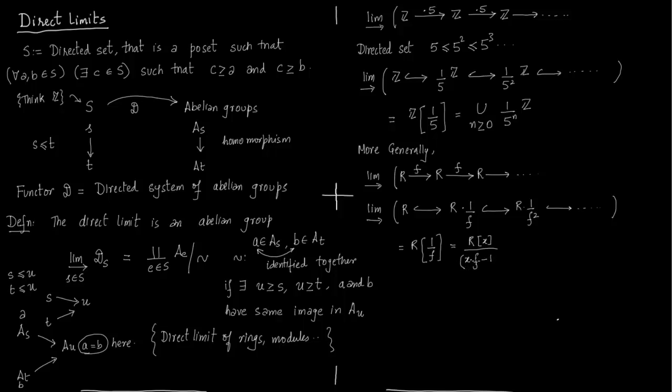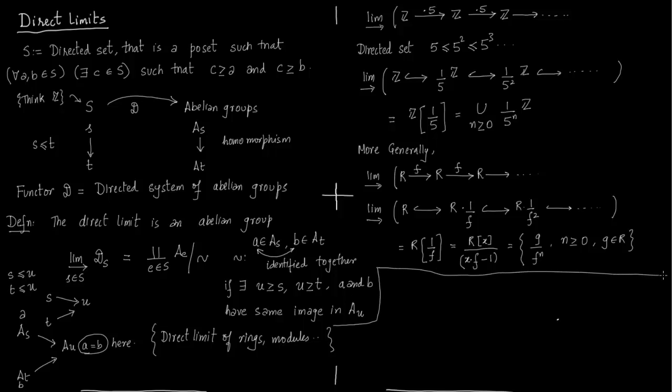So again you write it like this. So this is clear. So let me be clear. So it is G by F^n, where G is the element of the ring and n is greater than or equal to 0. So these were very important examples.